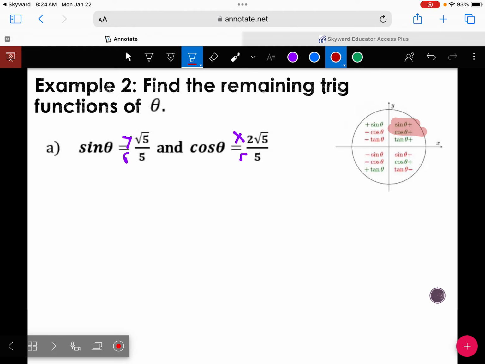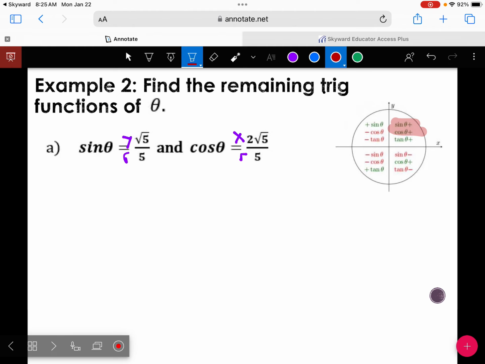Using what we know about these 2 ratios, we have been given x, y, and r. So from there, we really just have to plug in, or substitute in, and then rationalize. We know y equals root 5, x equals 2 root 5, and r is going to just equal 5.